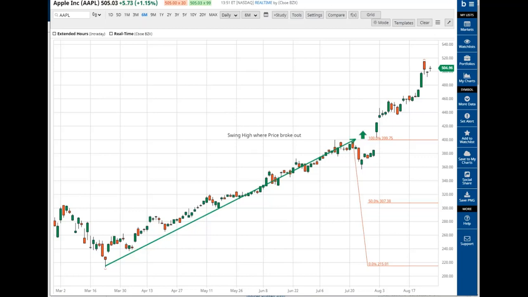We want to see our market base at a pivot high and then break out, or in this case with Apple, a major breakout, and not only a major breakout, but a gap.